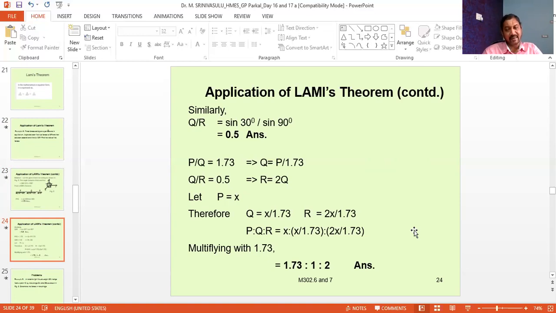Because it is a ratio, we are not finding the exact absolute quantity of the force, but we are finding the ratio only.